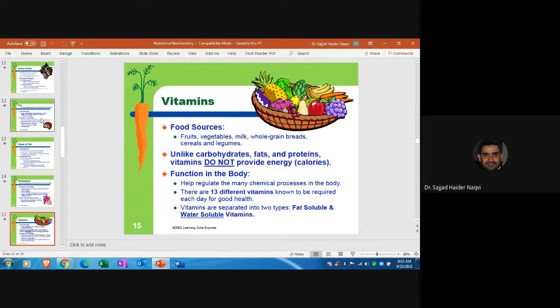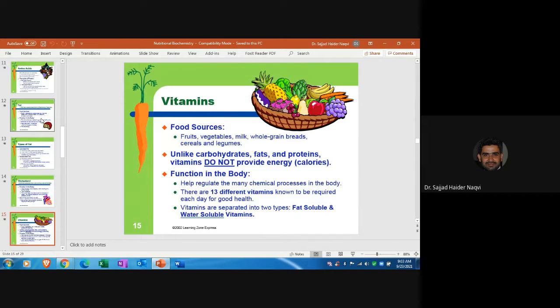I would say their role is very important, because in their absence the metabolic machinery will not function properly, and you would not be able to get a good output of energy from carbs, fats, and proteins. So their function is that they help regulate many chemical processes, as I said, the metabolic pathways.